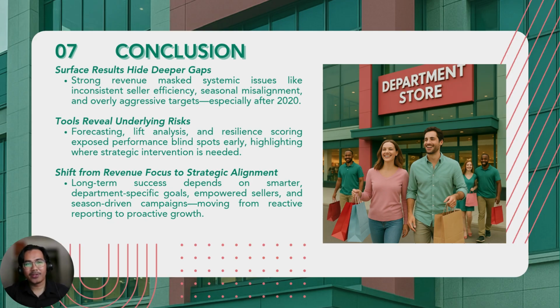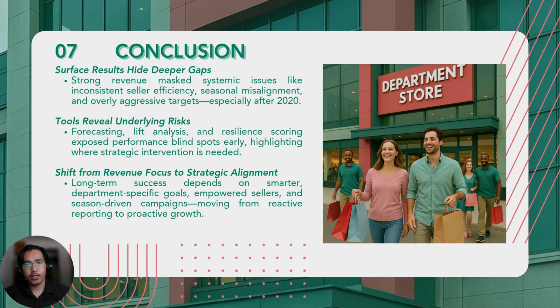To conclude our presentation, from 2017 up until 2020, our analysis uncovered that impressive revenue numbers often mask deeper issues, like inconsistent seller performance, aggressive targets, and seasonal misalignment. The pandemic amplified these cracks, particularly in departments like electronics and stationery.